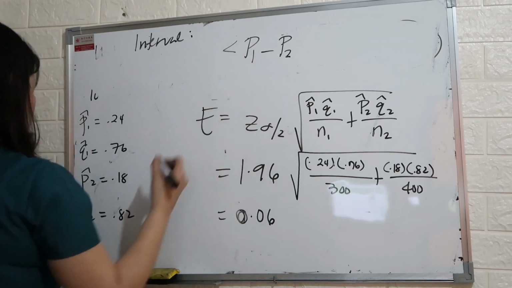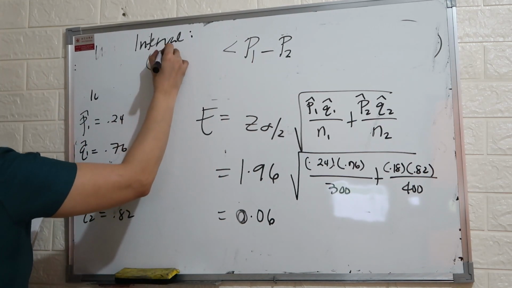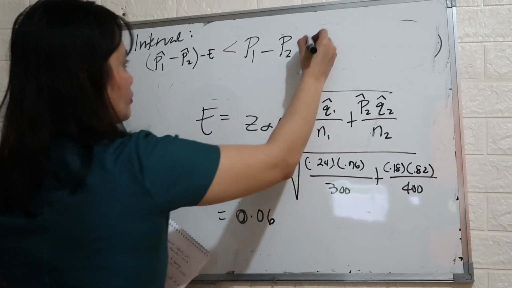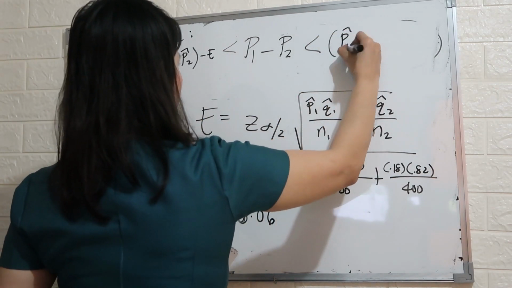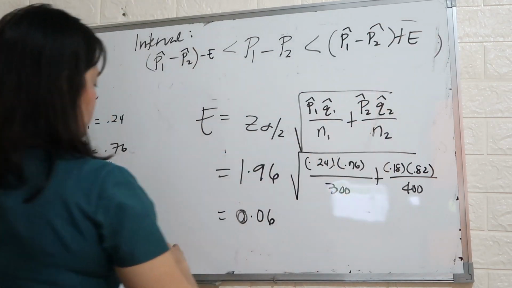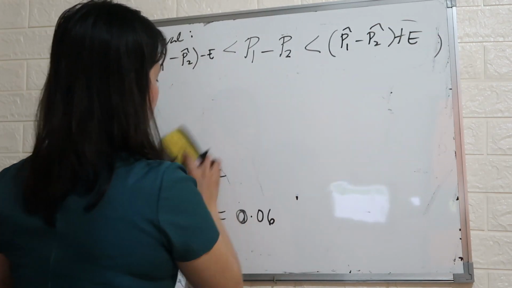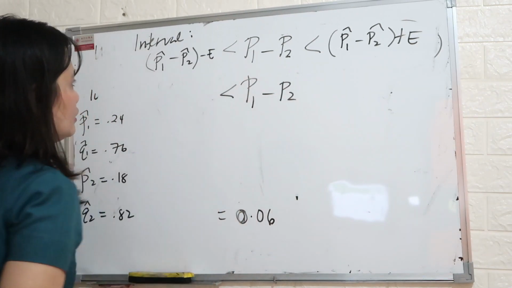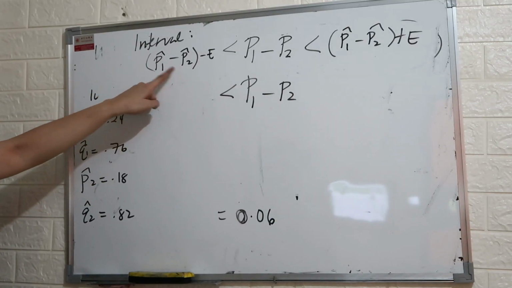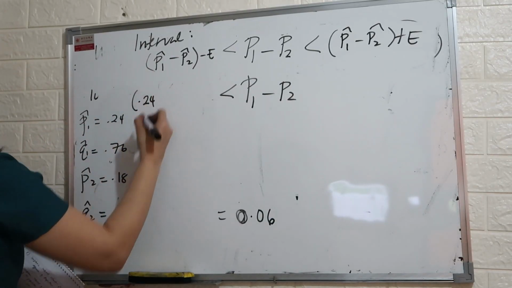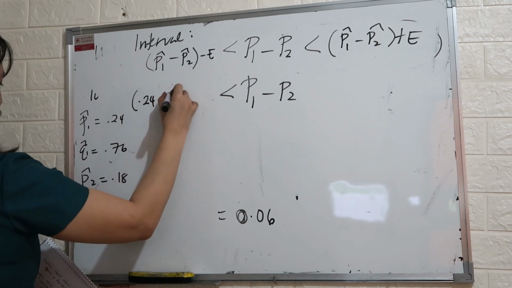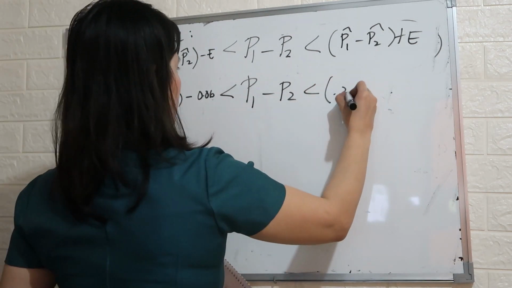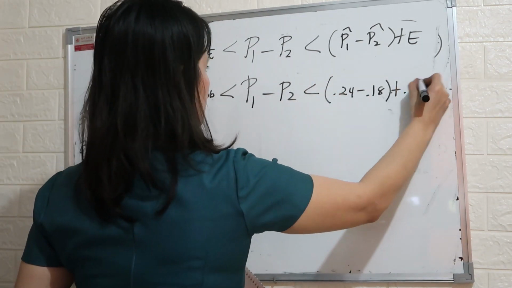It is greater than the difference of the sample proportions minus the margin of error, but less than the difference of the sample proportions plus the margin of error. So we have 0.24 minus 0.18 minus 0.06, but less than 0.24 minus 0.18 plus 0.06.